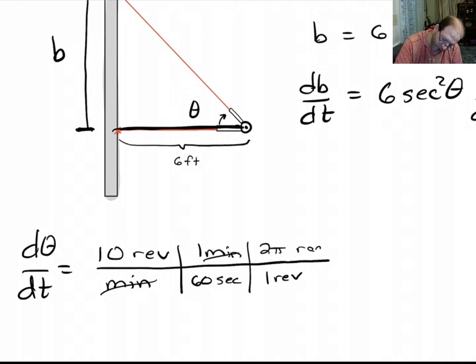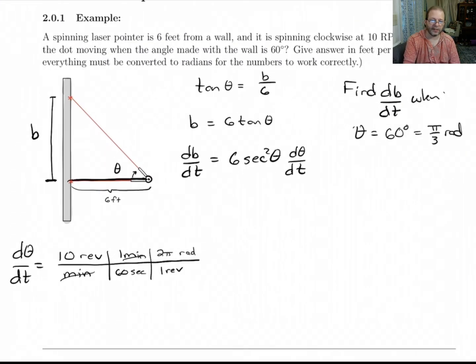Now I could put radian out there if I wanted to, and I guess I'll do that. So the revolutions cancel, and if you look at the units that are left there, it's radians on top and seconds on bottom.